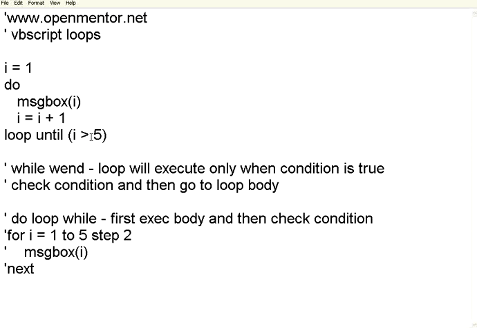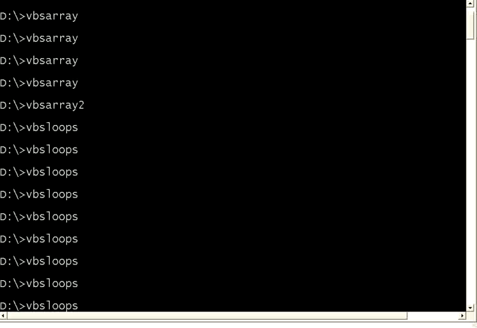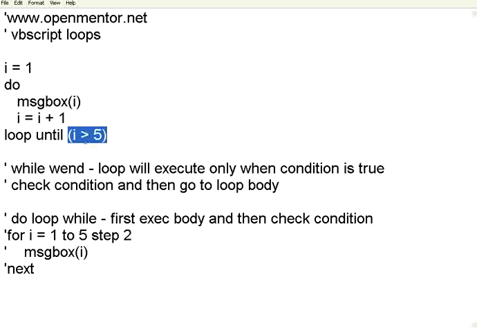The moment I becomes 6, this becomes true, then it will exit out of the loop. Let me execute this. 1, 2, 3, 4, 5. The moment it reaches 6, 6 is greater than 5, this condition becomes true. It exits. So we have basically the for loop, while wend loop, do while loop, and do until loop.